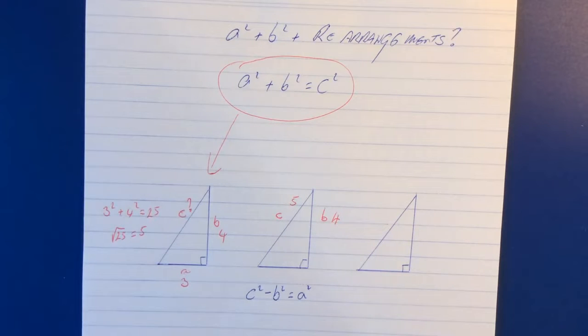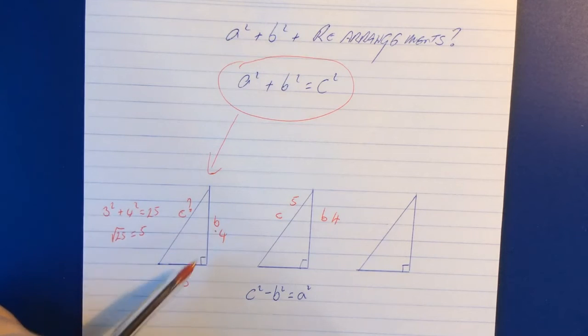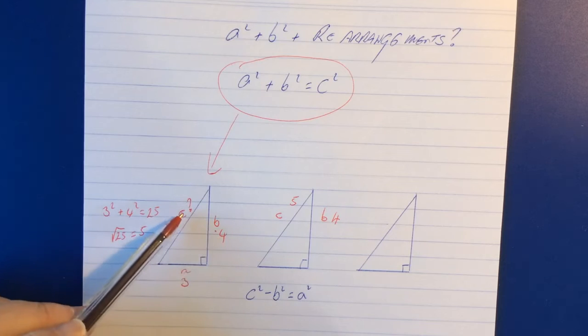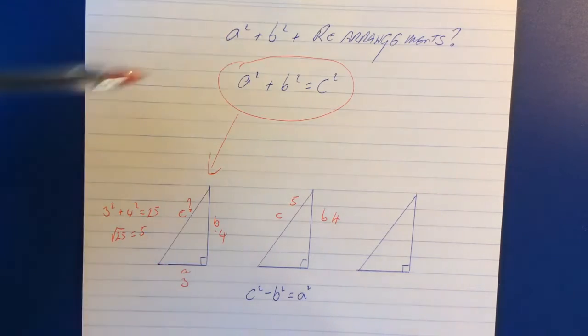Why? Well, we took the two short sides and squared them and got the square of the long side. So this is the long side here. The hypotenuse is always the long side.